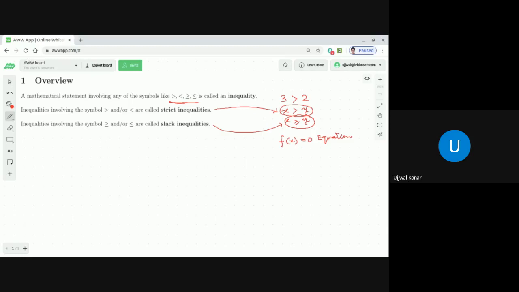A quadratic equation has two roots, that means two solutions. But here, when an inequation comes like f(x) greater than or equal to 0, f(x) less than or equal to 0, f(x) greater than 0, or f(x) less than 0, these are called inequations. We will see that these inequations have a range of solutions, not a specific solution, but a set of solutions.